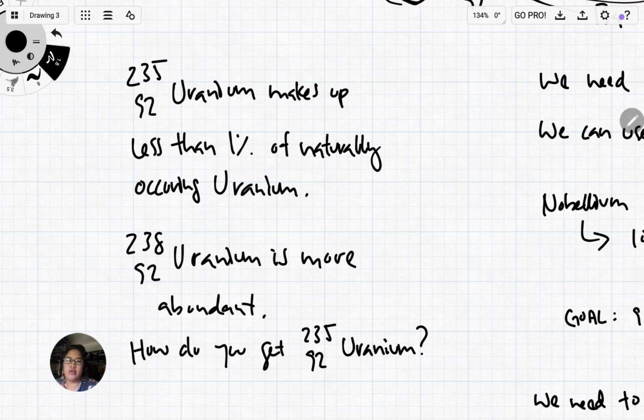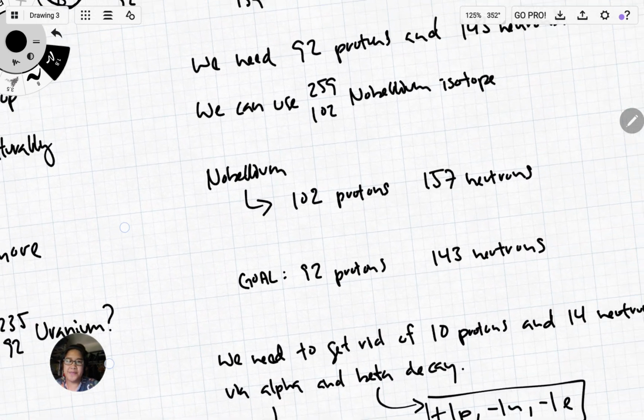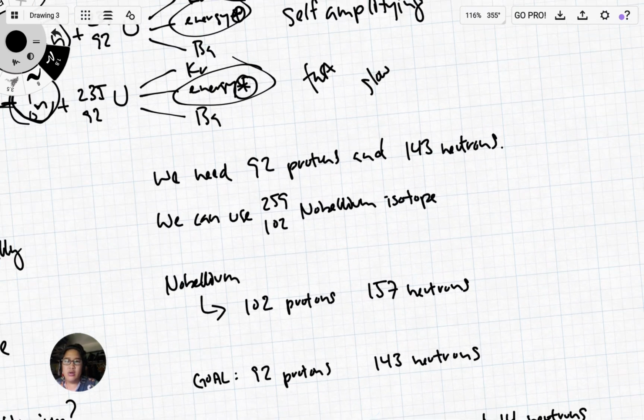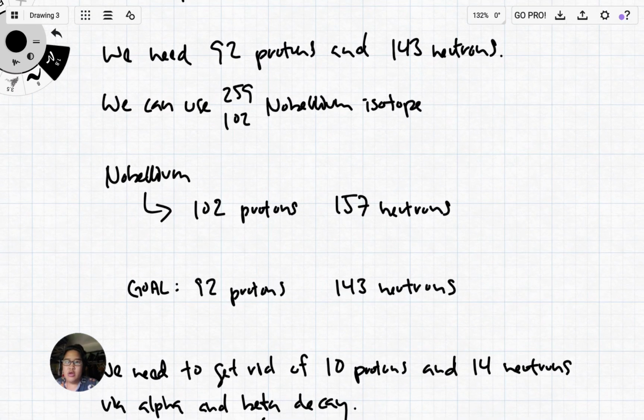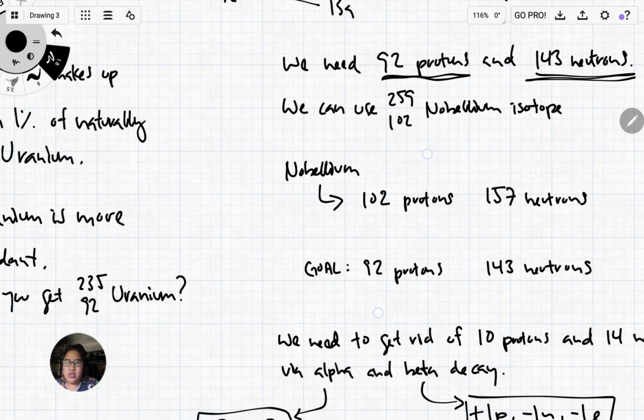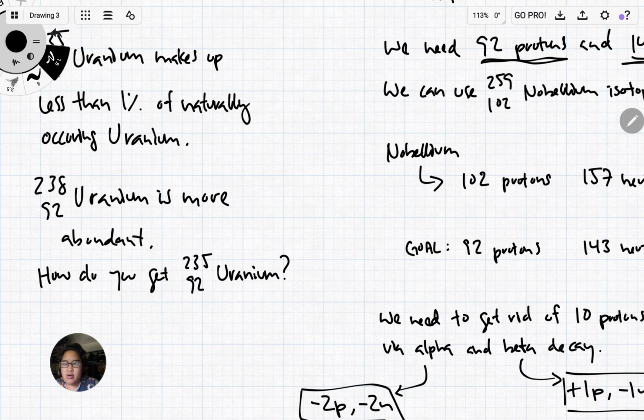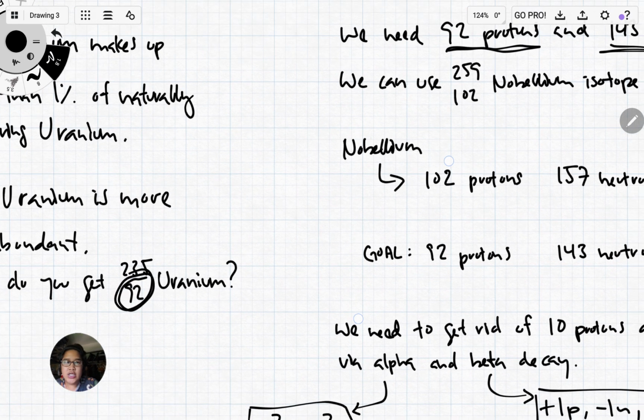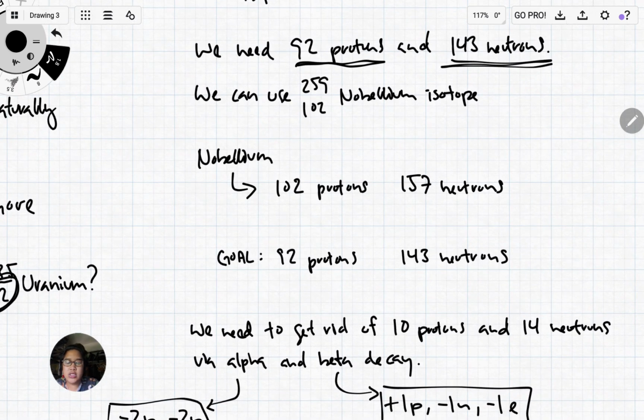So how do you get 235/92 uranium? We will need 92 protons and 143 neutrons. I got this number because 92 is the amount of protons of uranium, and in case you forgot, the number of protons identifies the type of element you have.